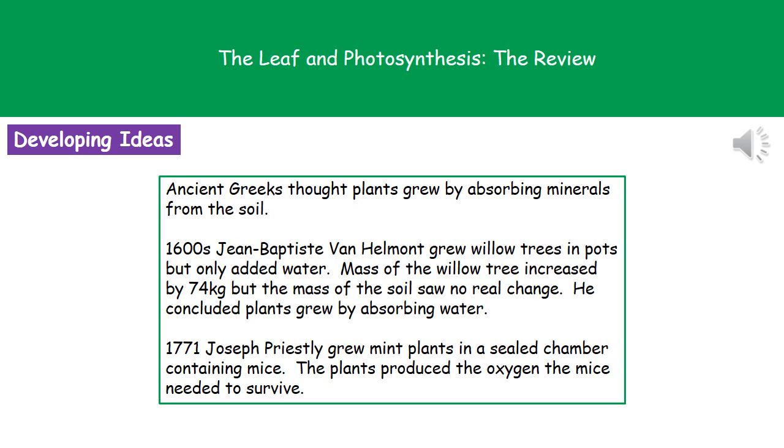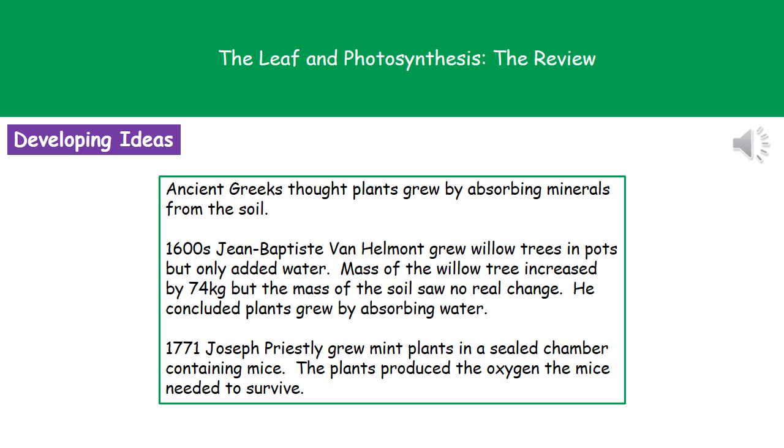Then we have to come many years into the future, to the 1600s, where we encounter our next scientist, Jean-Baptiste Van Helmont. He did an experiment that was relatively important in this discovery of photosynthesis. He had willow trees which he grew in little pots. At the very start of the experiment he weighed the willow tree, and he weighed the pot and the soil, and then he only added water to them.